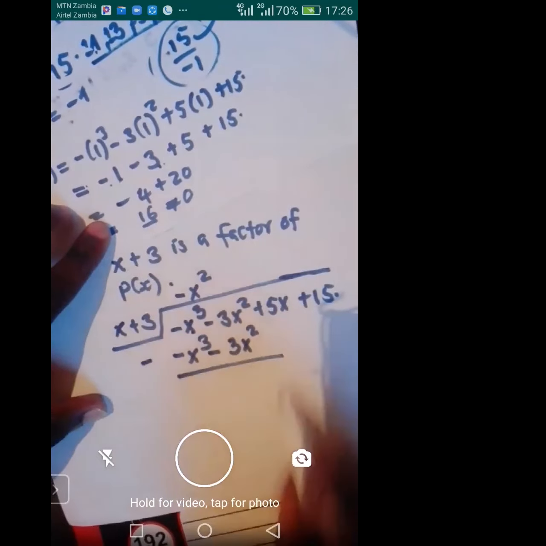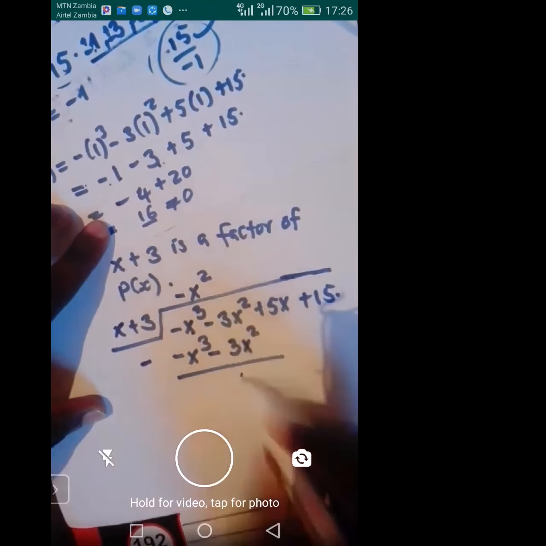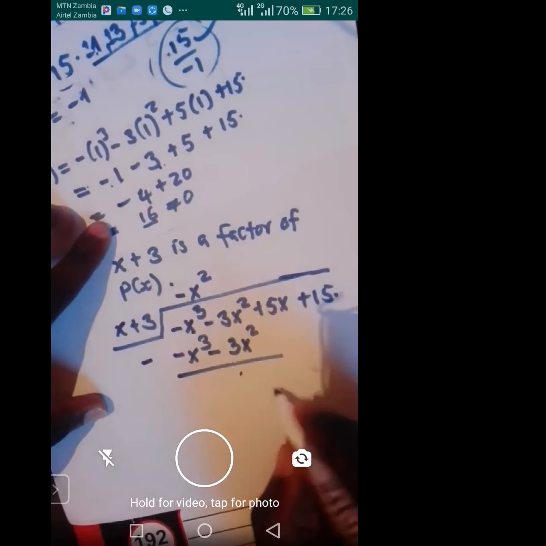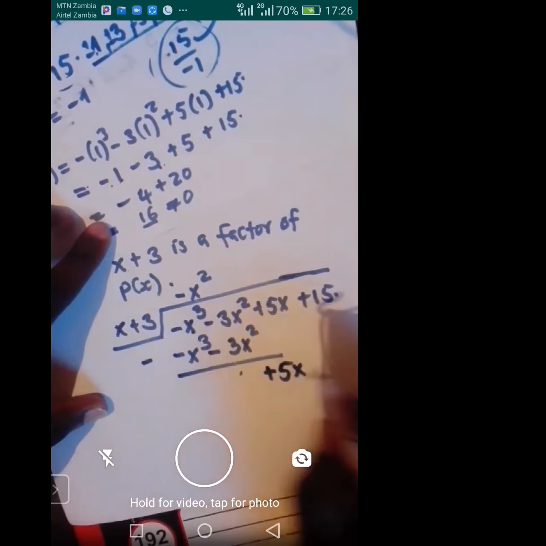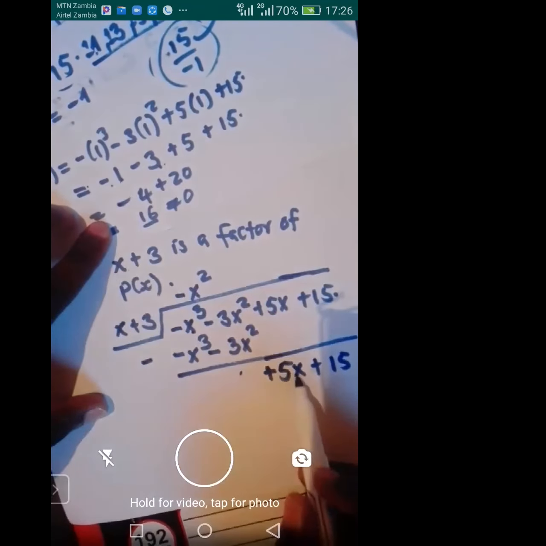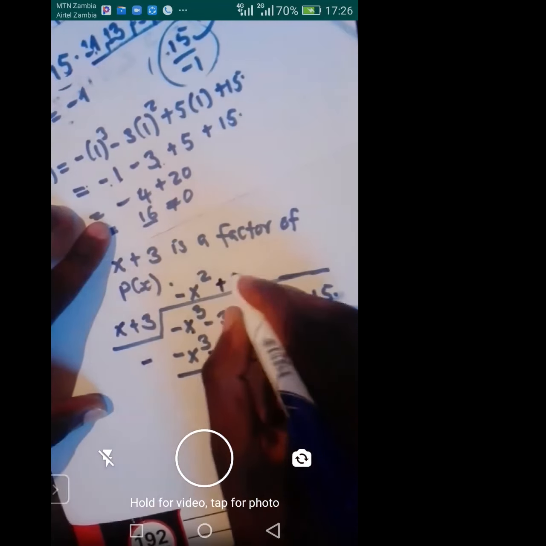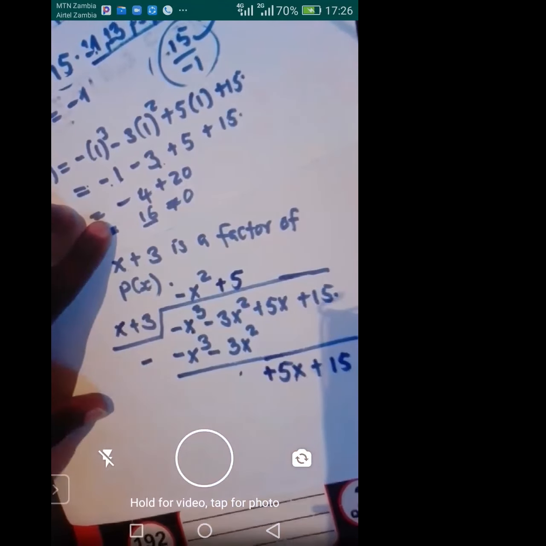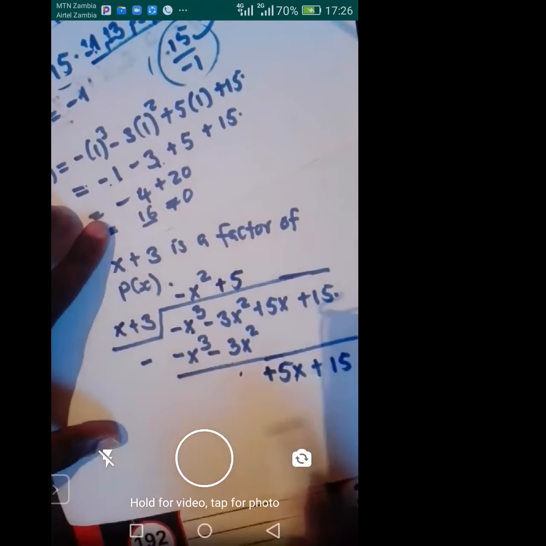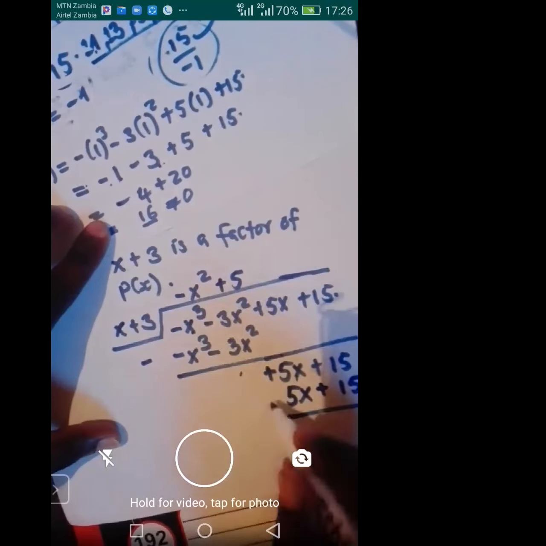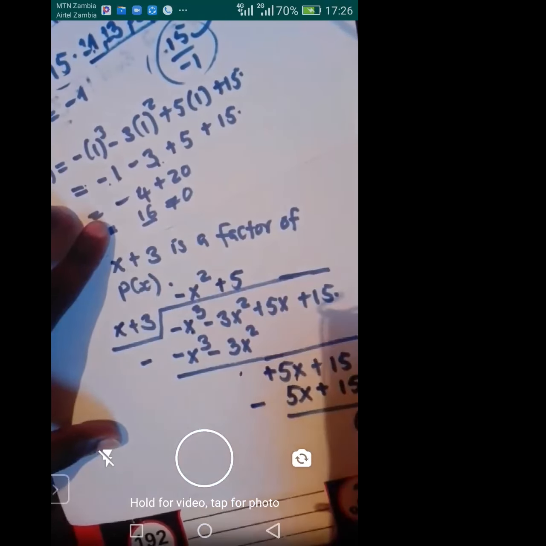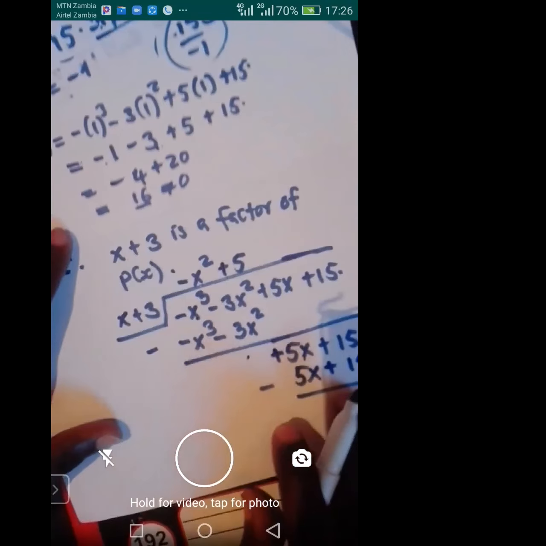Get a 0 here. You also get a 0 here. So you have plus 5x there plus 15. X there to give you plus 5. This one times that one, you get 5x plus 15. Subtract there, get a 0. Are we together there?